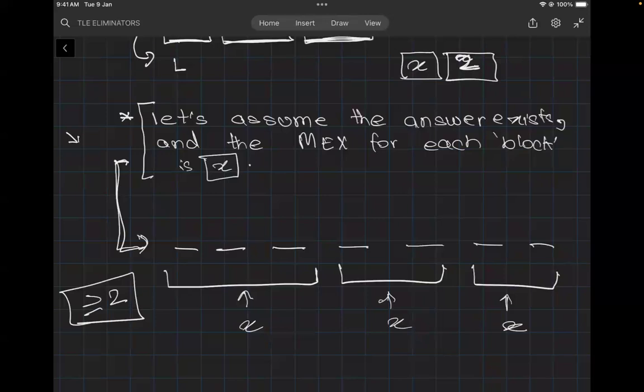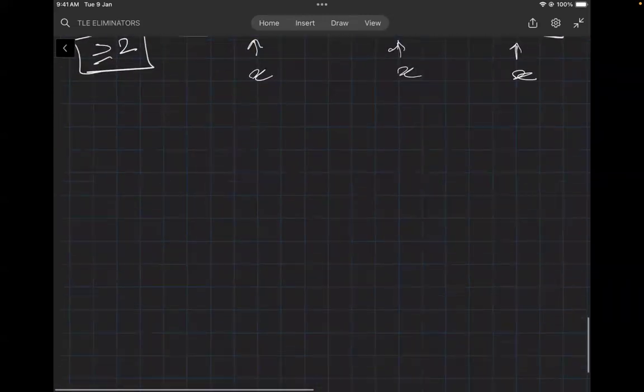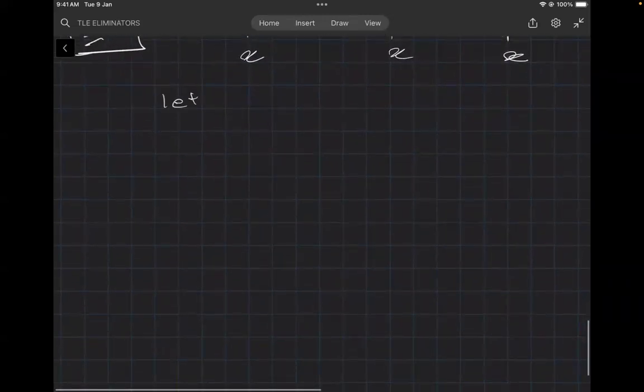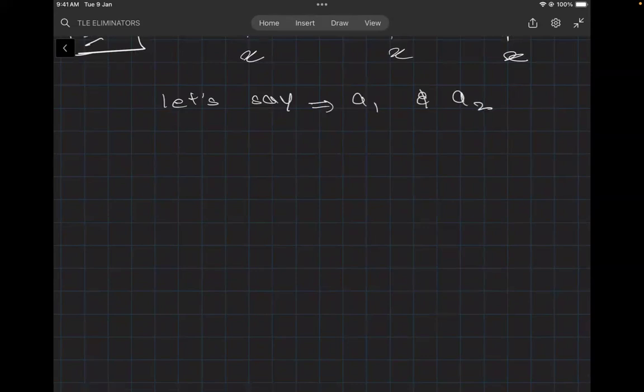Now, the thing to notice here is that there are two arrays, A1 and A2, where both have max equal to x.